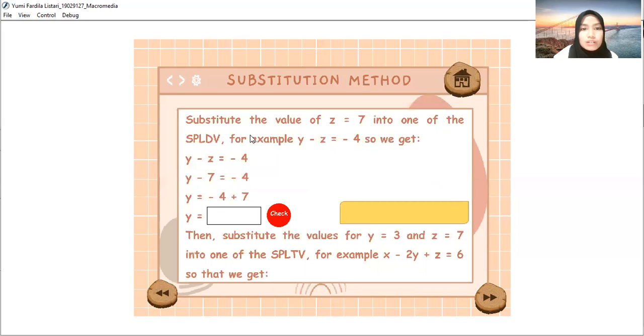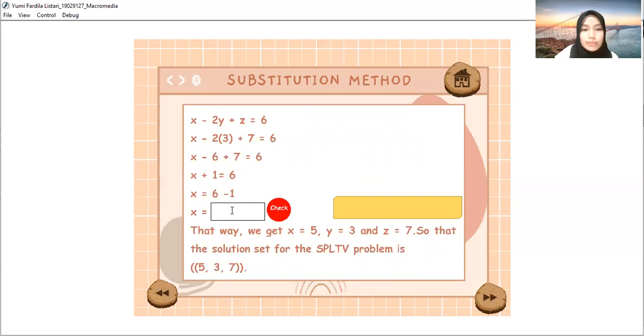Next, the student can fill the blank space again. y equals minus 4 plus 7. Then y equals, the correct answer is 3. If the student clicks the check button, the answer is correct. If the answer is correct, the student can click the next button.